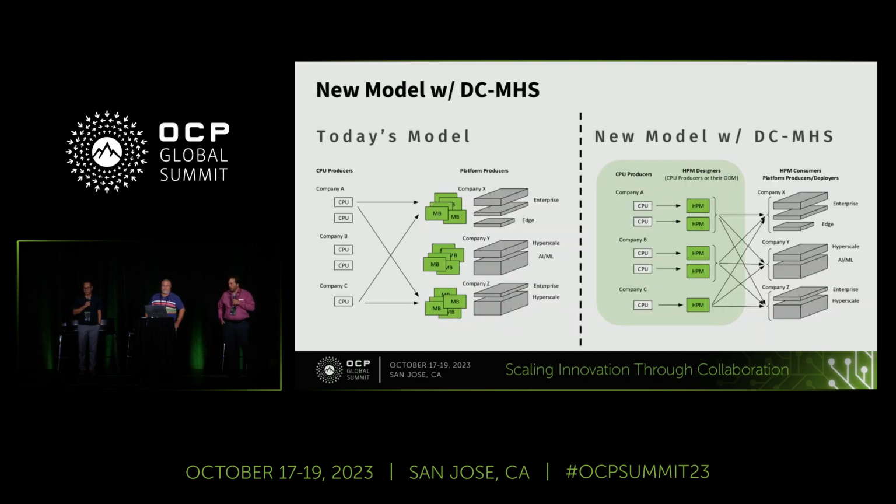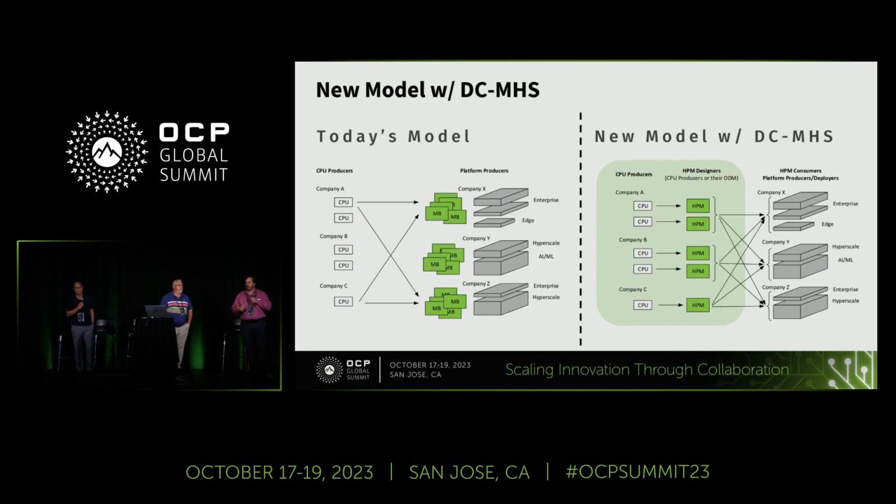what is a pathway forward? So first off, this is a slide that describes the initial goals with DC-MHS. We have a situation today, and actually this was 2 years ago when this slide was first put together. A wide variety of silicon, different CPUs, new classes of processing elements, XPUs, APUs, and every platform producer having to produce custom motherboards for every situation and going into their variety of platforms.